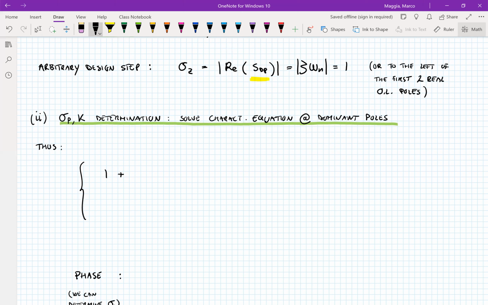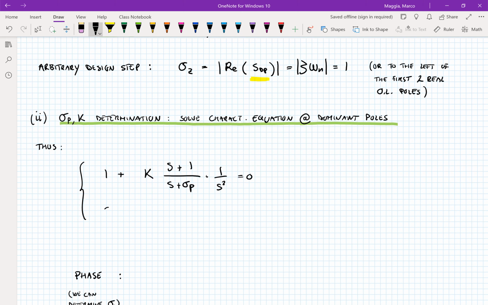In other words, we have to satisfy 1 plus k times s plus, and now we know that our sigma z is 1, so it's s plus 1 over s plus sigma p, we don't know sigma p yet, times 1 over s squared equals 0.